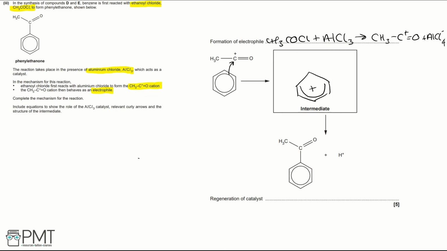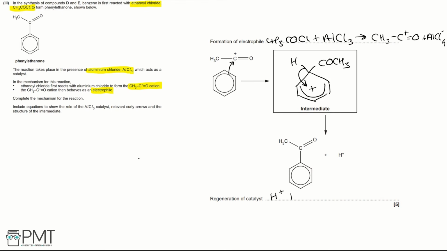And then we would have our COCH3 group and our H group. The H is reattracted back into the ring system, and then we would form our product and our H+. We use this H+ to regenerate our catalyst.